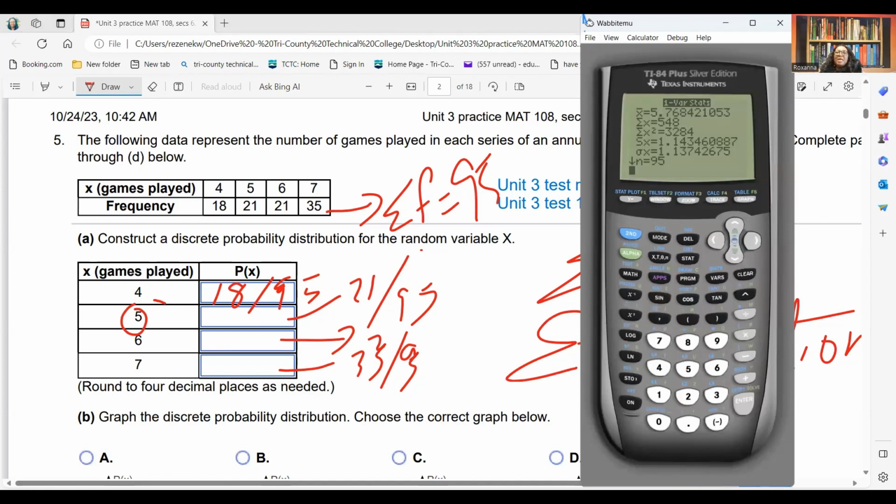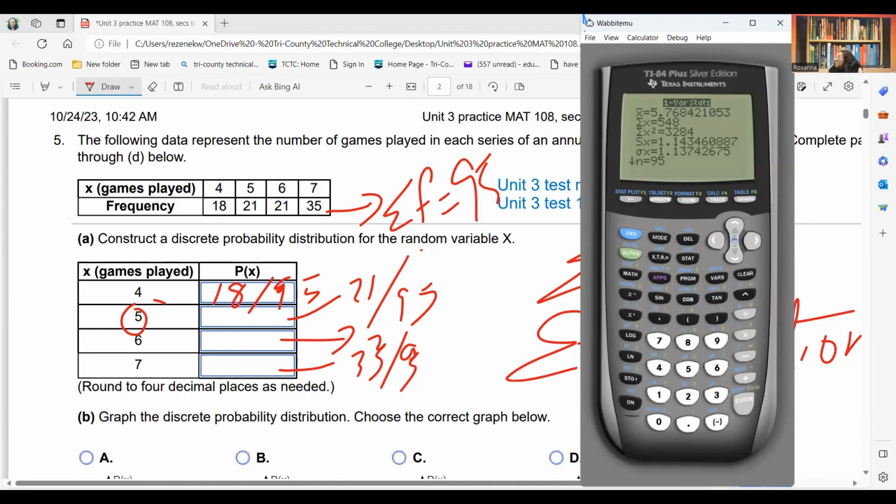Now that I told my calculator that I'm doing a group data and I want the mean, it will tell me the mean. By the way, I have to check how many decimal places. If it tells me to find the mean to 2 decimal places, somebody give me the mean to 2 decimal places.